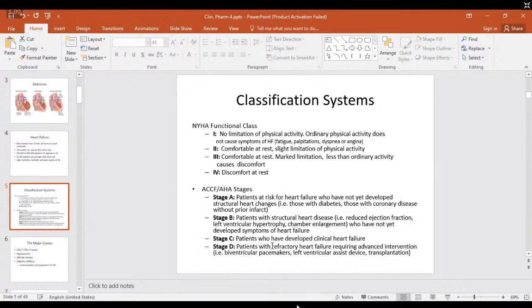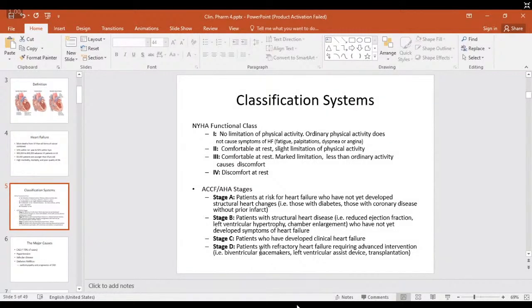Stage C is when these patients have clinical heart failure, so they're right now symptomatic. So this is the big difference between stage B and stage C. Stage B still do not have symptoms of heart failure. Stage C have symptoms of heart failure, and stage D are these patients who are refractory to heart failure therapy, and they need more special interventions like biventricular pacemakers or CRTs.